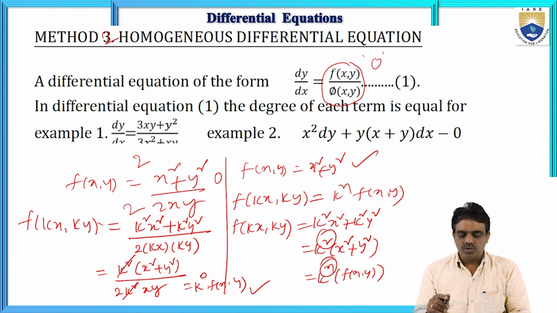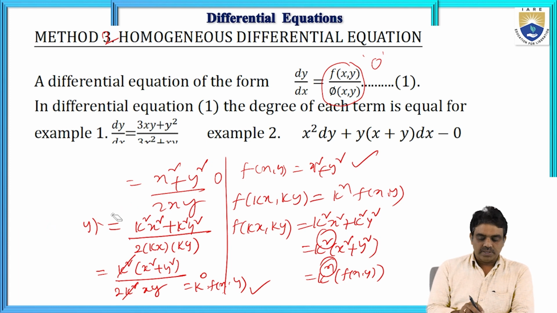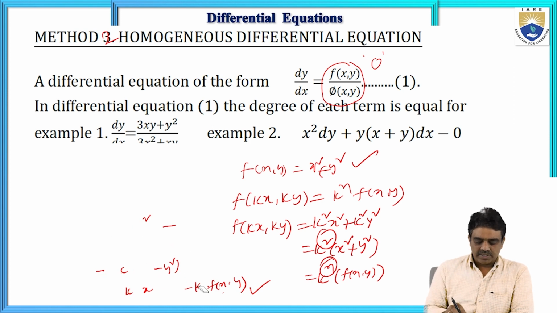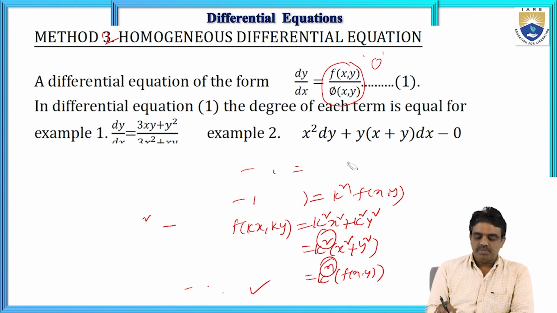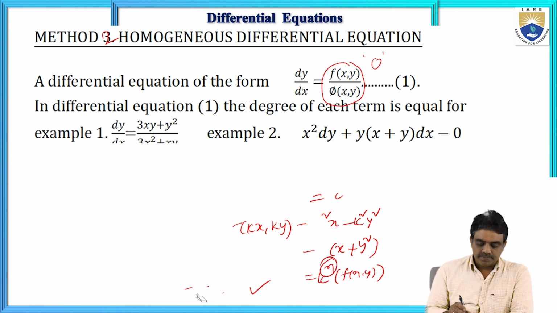So you can say that in two ways. If the given function is a homogeneous function of degree 0, then dy by dx equal to f of x, y is a homogeneous differential equation. Or if all the terms of the given differential equation are of the same degree, then also we say that it is a homogeneous differential equation. So here you can see the examples.